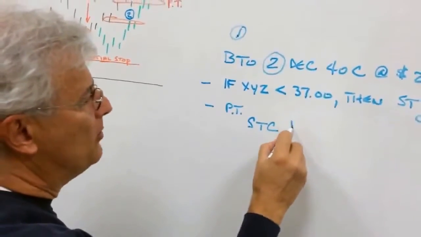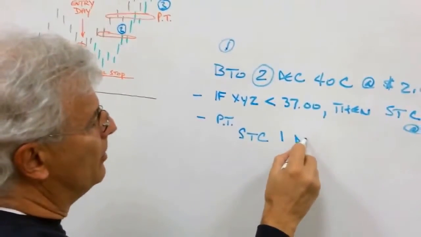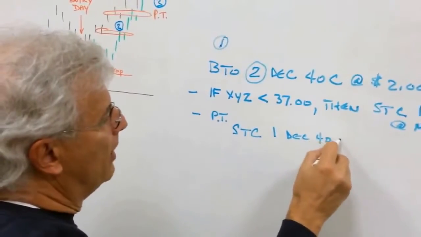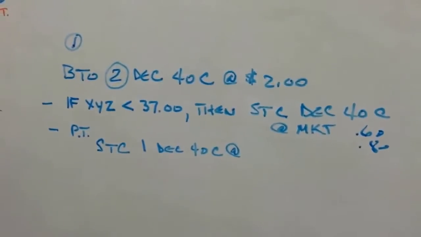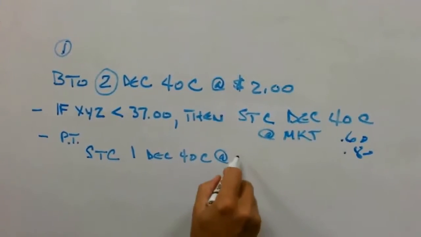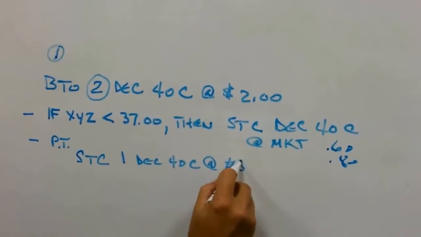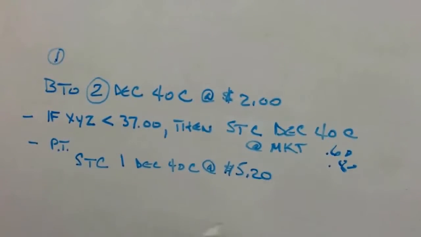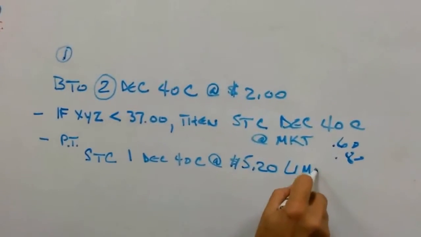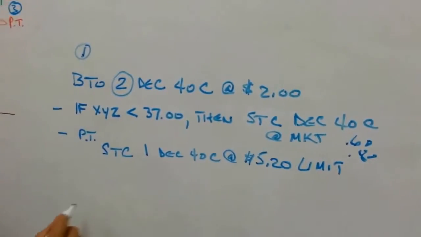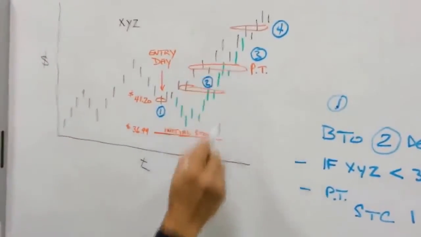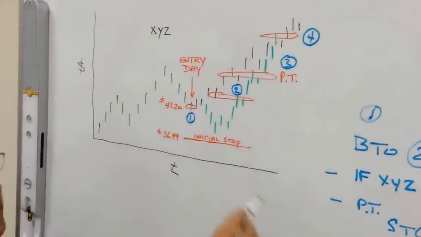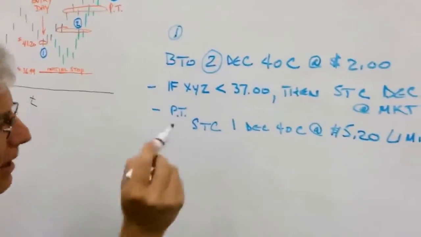We're going to sell to close 1 contract, December 40 call, at a predetermined profit target as calculated by the software. Let's say that's around $5.20. That's kind of typical. Limit.